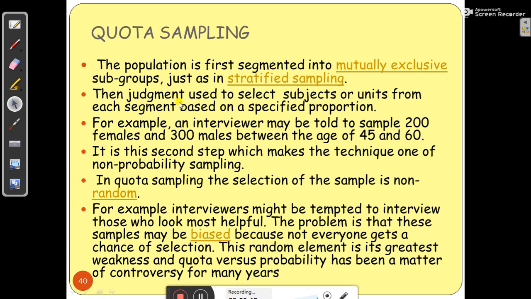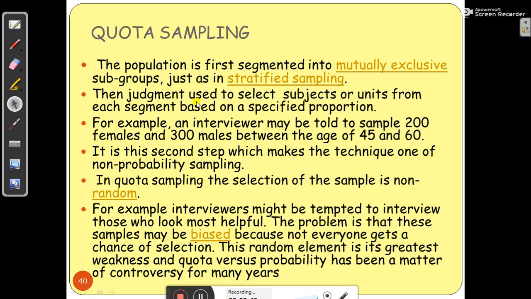The population is first segmented into mutually exclusive subgroups, just as in stratified sampling. Like the strata or groups of items in stratified sampling, here also the population is first segmented into mutually exclusive subgroups.